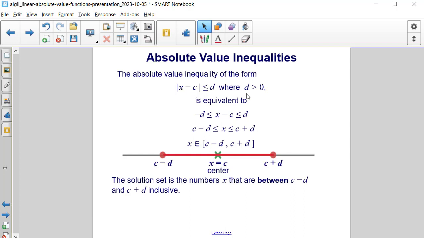The absolute value inequality of the form, the absolute value of the quantity x minus c is less than or equal to d, where d is a positive number, meaning greater than 0, is equivalent to x minus c being greater than or equal to negative d, and x minus c has to be less than or equal to positive d.